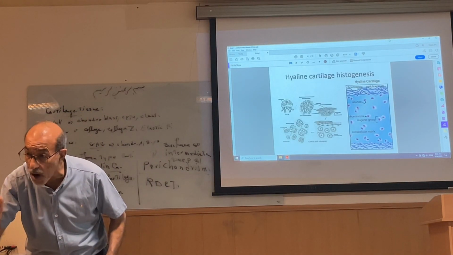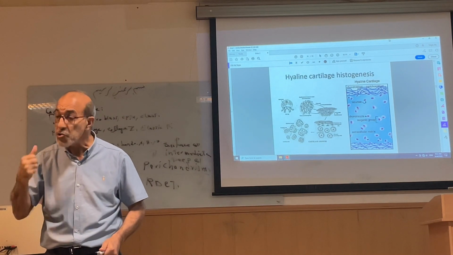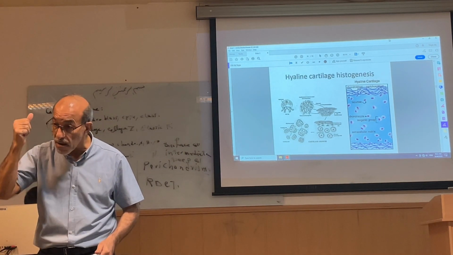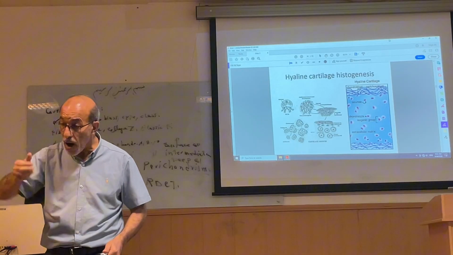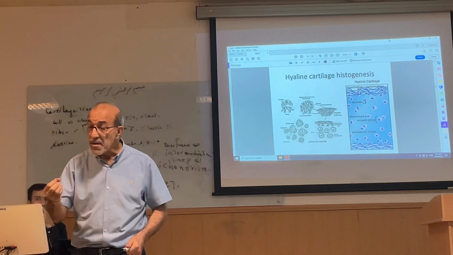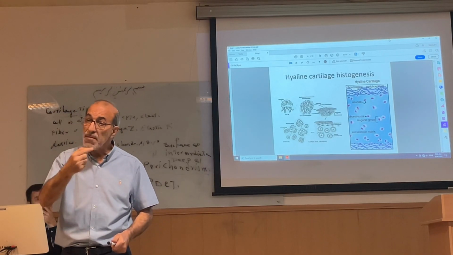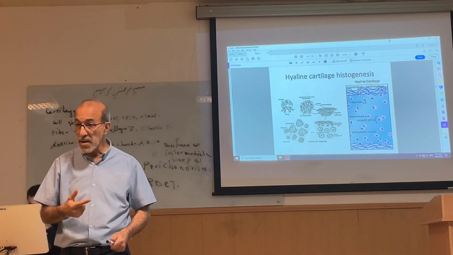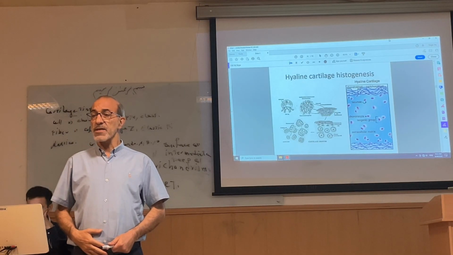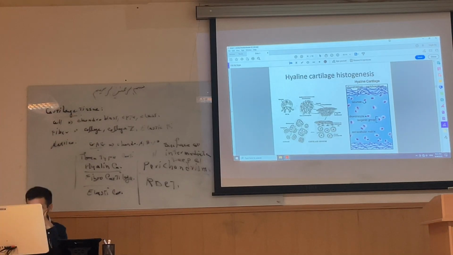All cells in connective tissue can change back to the primary cell. Okay? All connective tissue cells can regress back to the primary step. The primary step is the mesenchymal cell, and then fibroblast, and then chondroblast, and then chondrocyte.